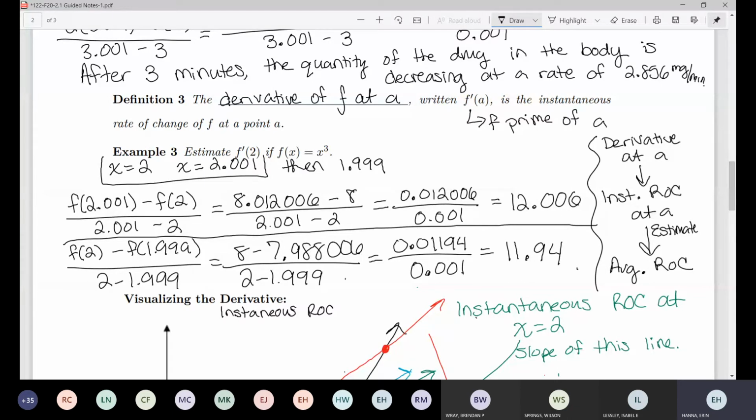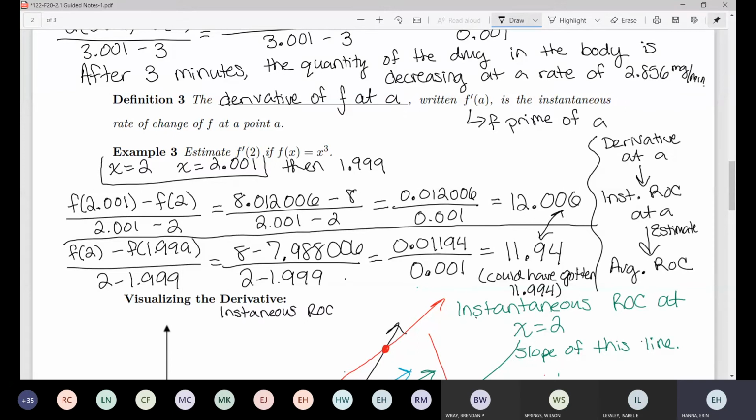If I took more decimal places, I could have gotten 11.994 if I had taken all of the decimal places with that 7.988006. But I didn't. But it's okay. The point: these two aren't the same number. Obviously, they're different numbers.